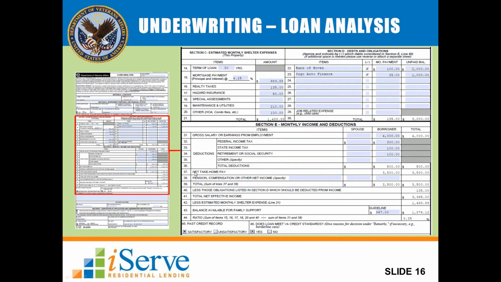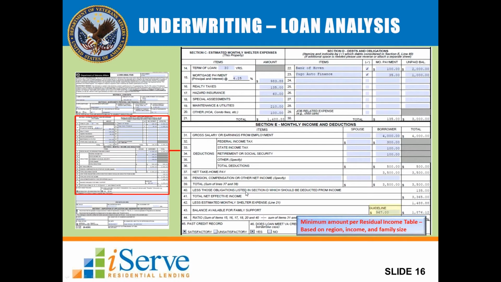So you see the net take-home pay in box 37 is simply our income minus our deductions. So in this example, $3,500. If there's any pension or other income that would apply, that would go in line 38. And then line 39 is basically just going to be their take-home plus any other income. Now in line 40, we are going to, oops, got ahead of myself.